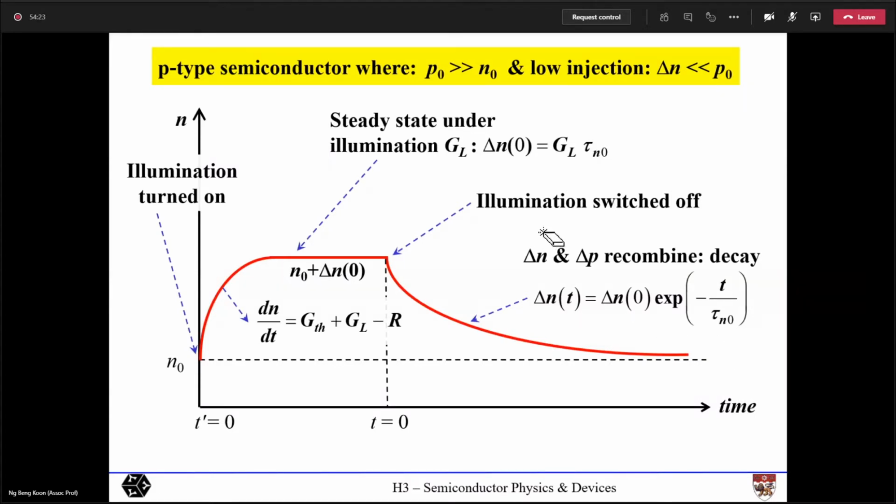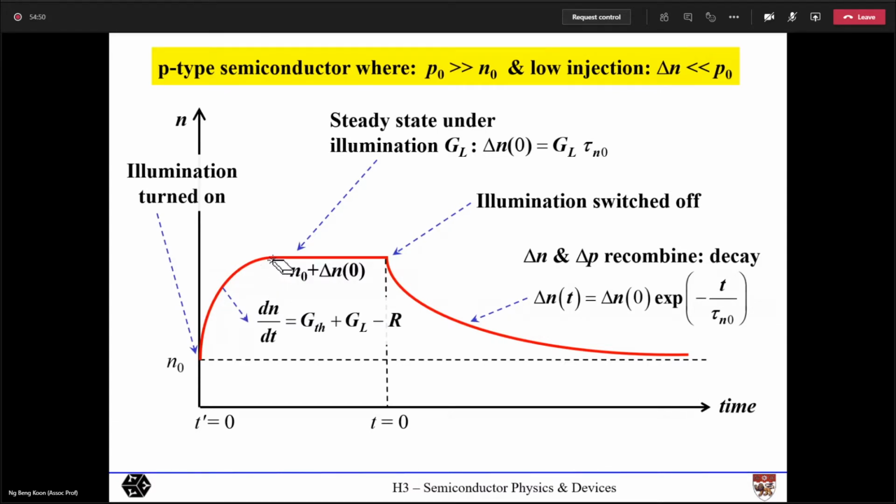Now, you will notice that other than these 3 scenarios, there is another scenario that we didn't discuss, which is this initial part here, where when you first turn on the light, the excess carrier increases until it stabilizes. So the question is, what is this expression here? How does delta n change with time from the time when you just turn on the light to the time when it stabilizes?